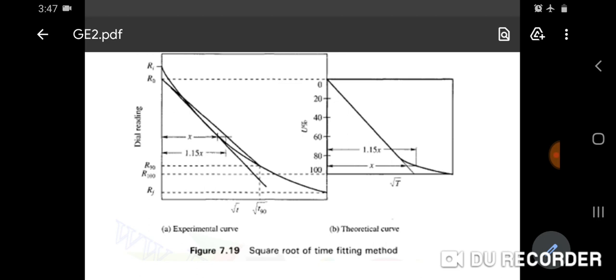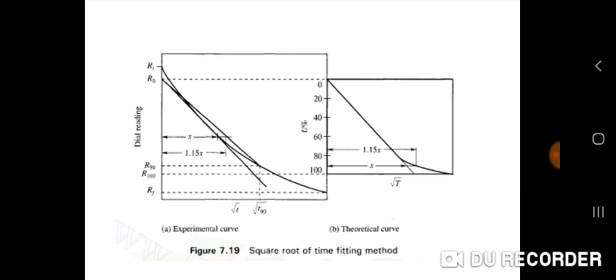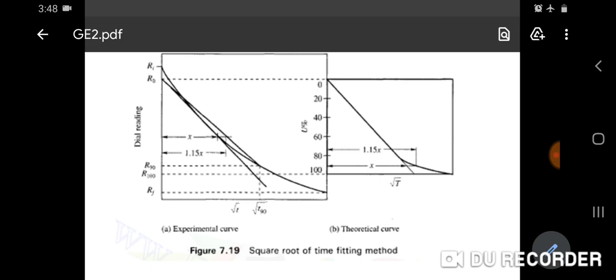Below the 90% we have given 100, which is the 100% of the reading or consolidation value. Up to 60 percent the consolidation is given by the theoretical curve, which we consider as a straight line.